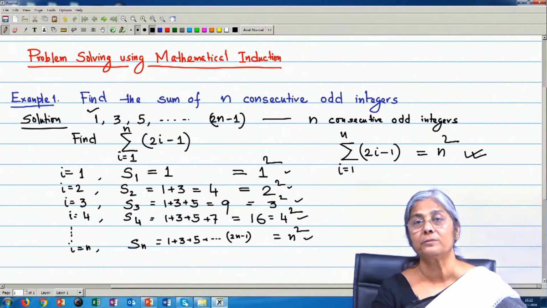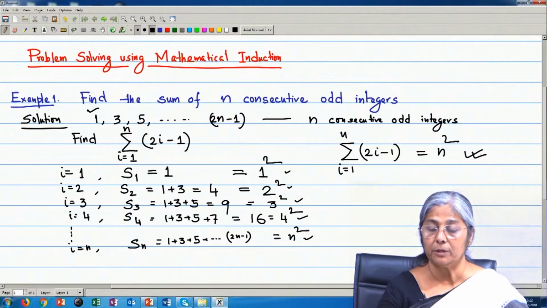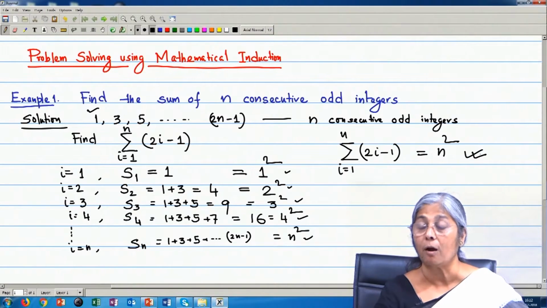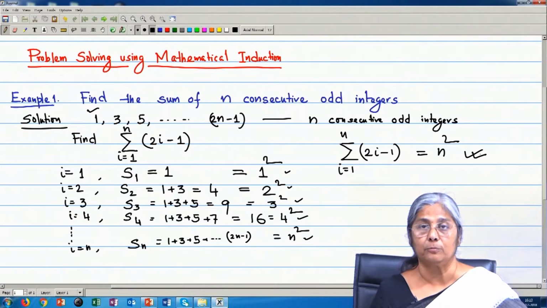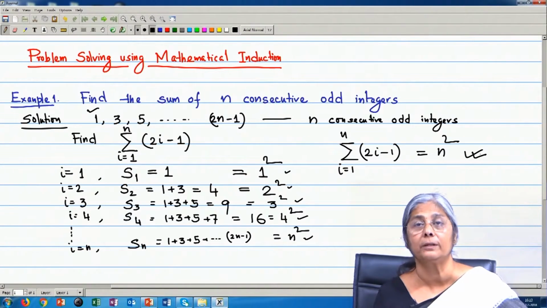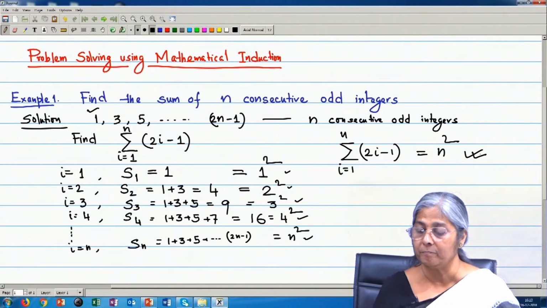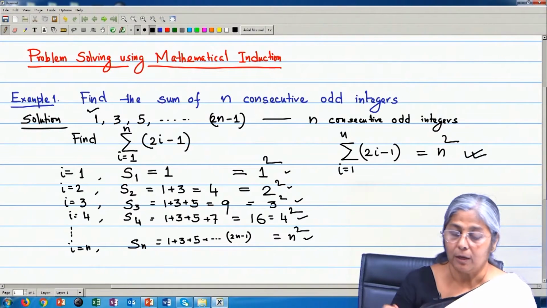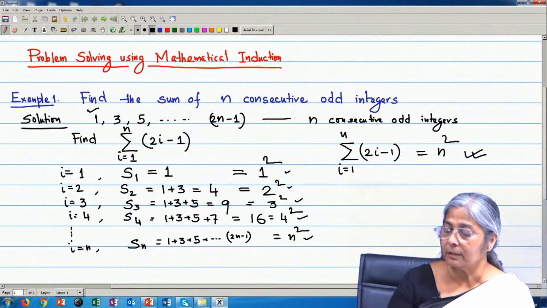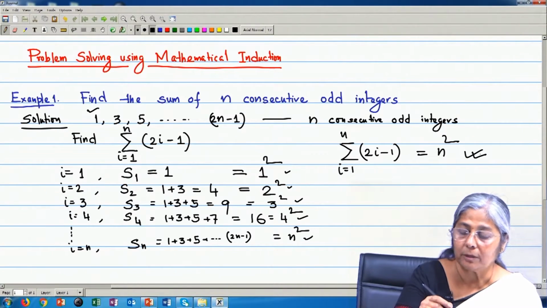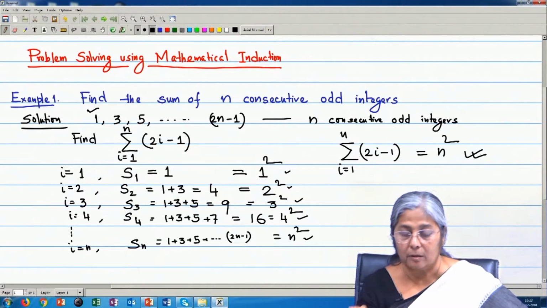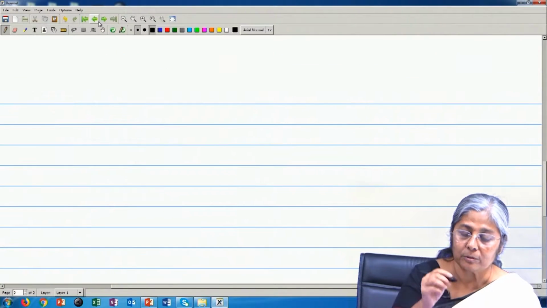Earlier, when we discussed mathematical induction, we saw how to get a correct formula, and this is one of the techniques. Now, to prove this, we have to follow 2 steps.